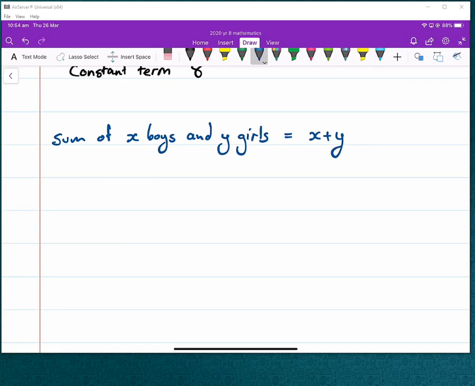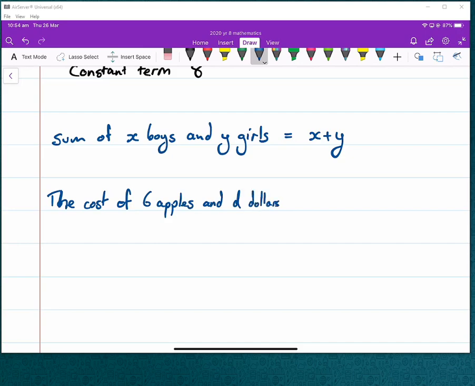Or you might want to find the cost. So just say we want to work out the cost of 6 apples at, I'll use D for dollars each.